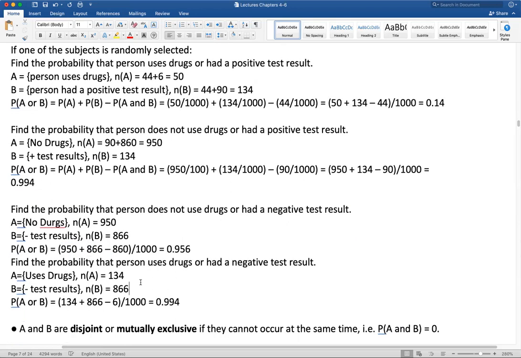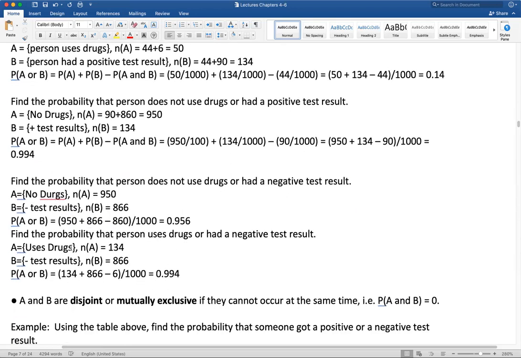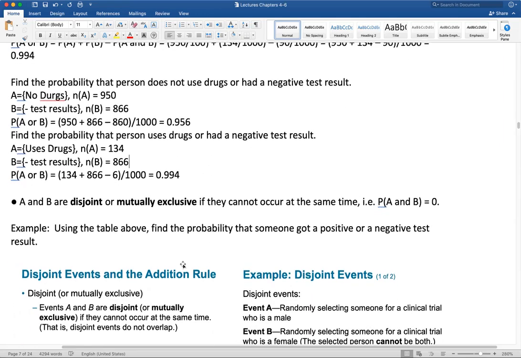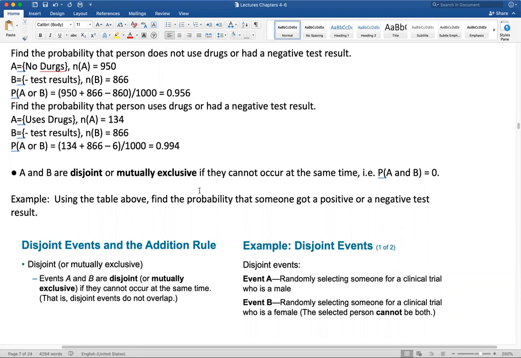Similarly, we can calculate the probability A or B, the probability that a person used drug or had a negative test result. Next, A and B are disjoint or mutually exclusive. It means that two events don't have common outcomes, so they cannot occur at the same time.